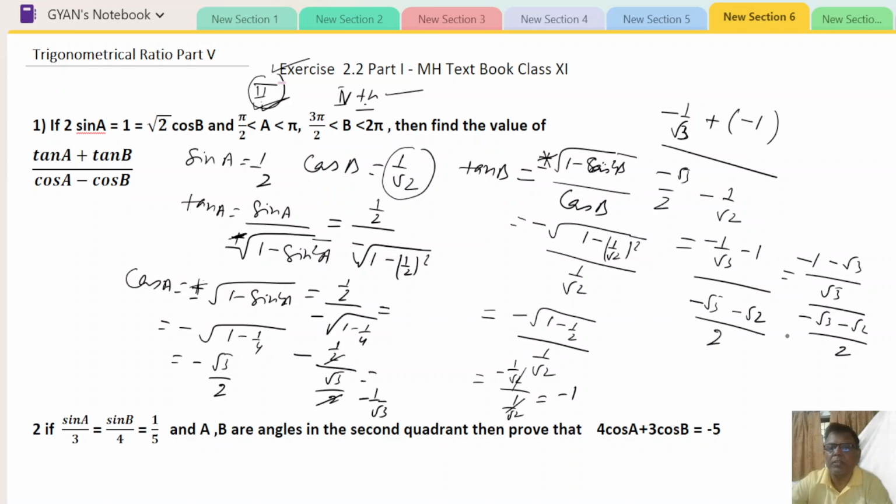Minus minus cancels, so 2 times (1 plus root 3) divided by root 3 times (root 3 plus root 2), with the 2 in the numerator and root 3 in the denominator. So this is the answer.